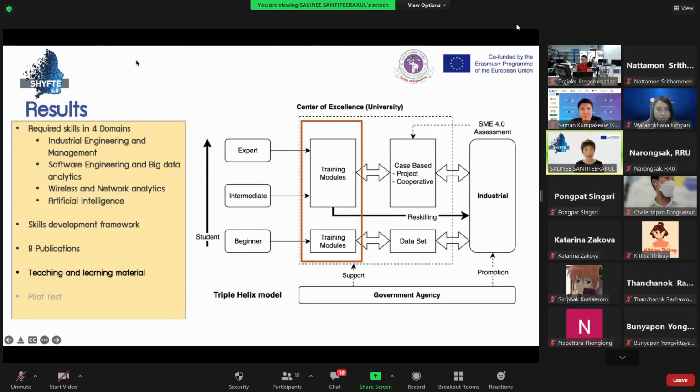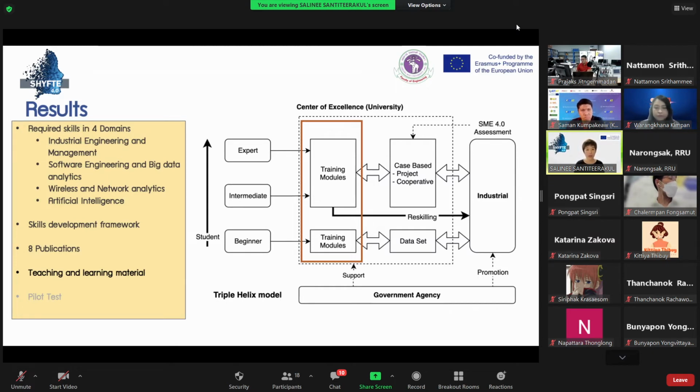So the result of these activities, first, we already got the required skills in 4 domains and also the development framework. You can see that this is the framework, the idea of how we develop our training modules.